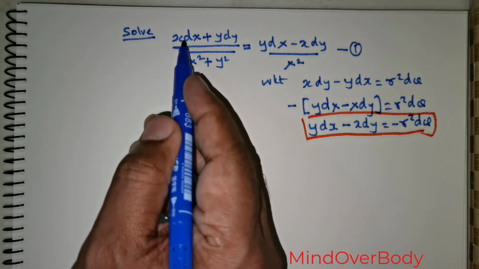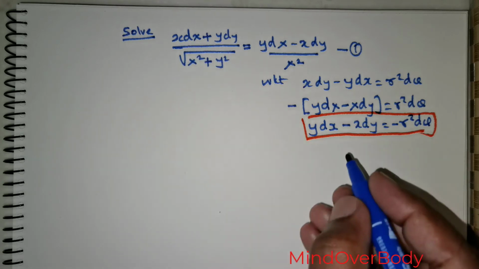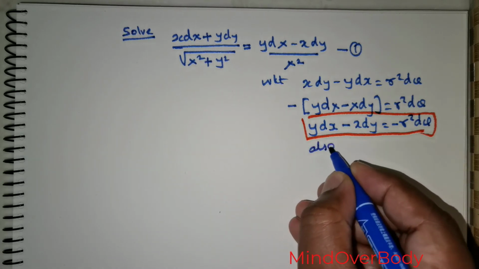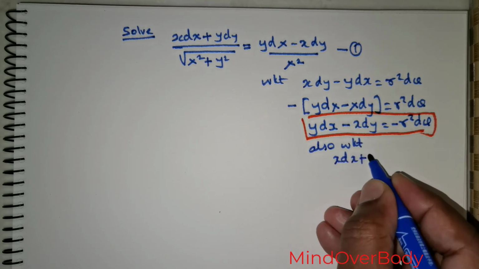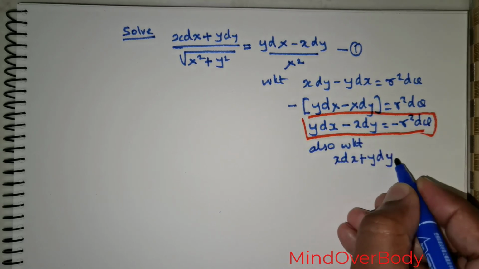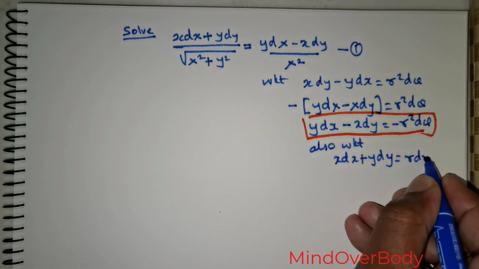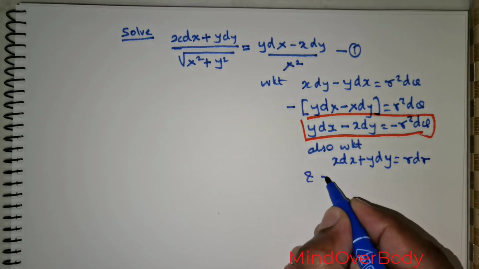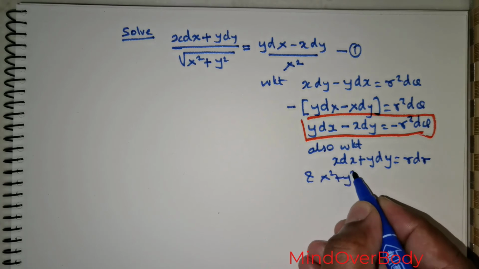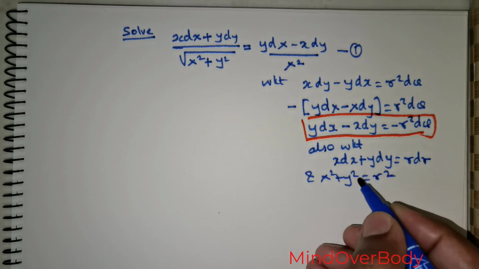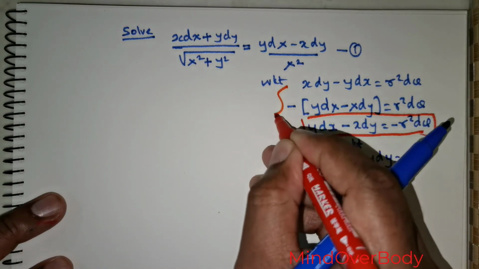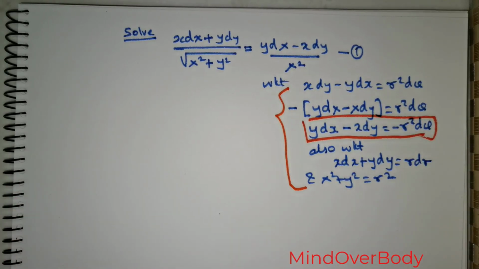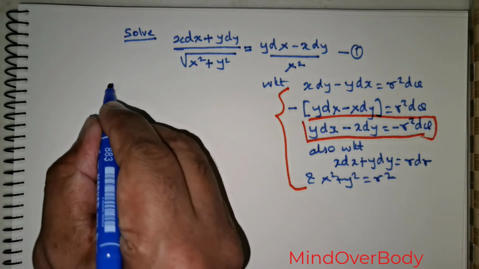Now we know that x dx plus y dy is equal to r times dr. We know that. And what else do we know? We know that x squared plus y squared is equal to r squared.